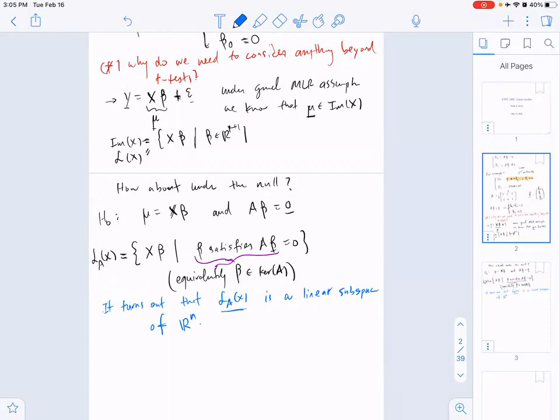You can think of this geometrically: these are lines and planes and things like this. In R2, the linear subspaces are the origin, which is the 0-dimensional one, and the 1-dimensional ones, which are the lines that pass through the origin. So in R2, the linear subspaces are the sets that have the 0 in them.